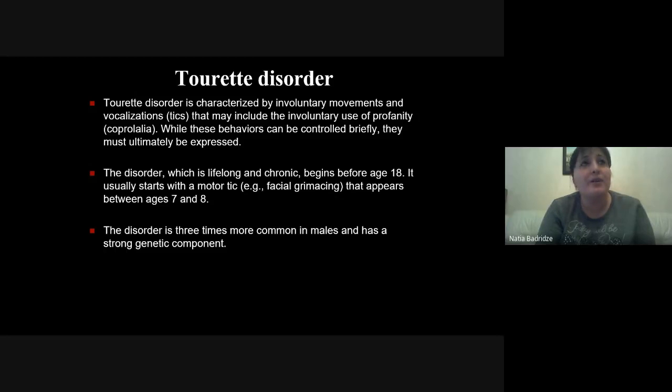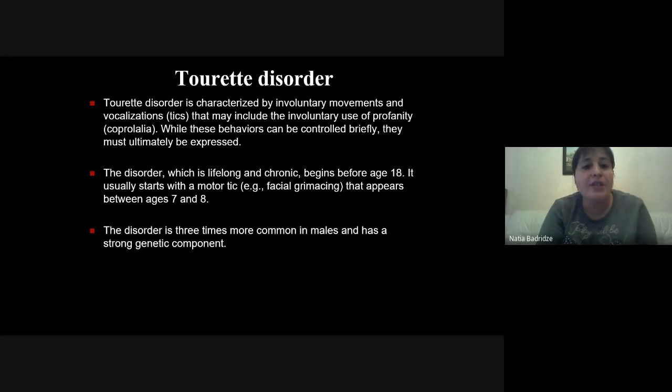But there are some techniques and interventions, like behavioral techniques, that teach Tourette kids how to influence involuntary motor tics and vocalization. But it takes time to learn how to control this. So it is very difficult to control these involuntary motor tics and vocalizations.